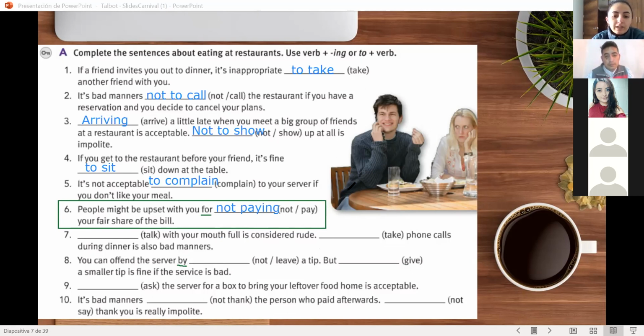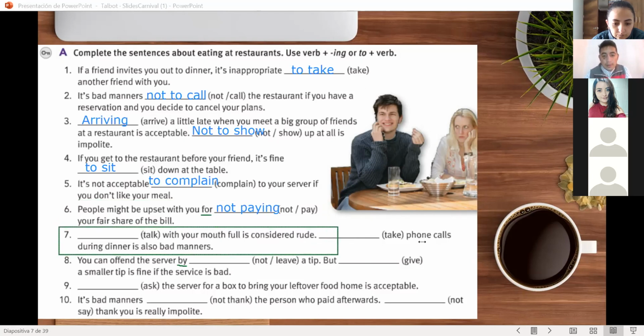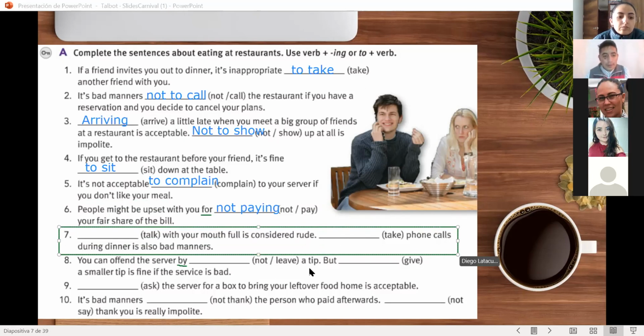Por no pagar su parte de la cuenta. Okay, guys. So let's see number 7. Let's see from Vicky. Please, Victoria, help me with number 7. Ok, teacher. Me ha puesto la más difícil, teacher.